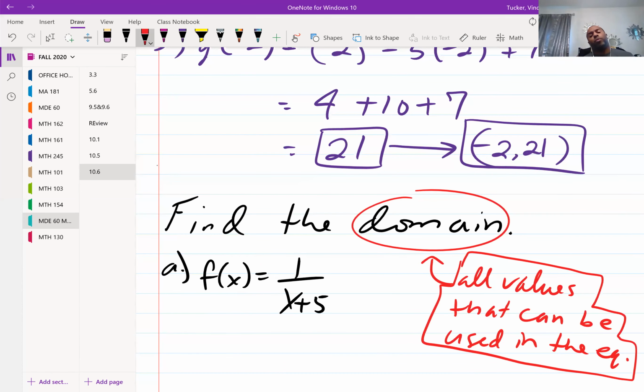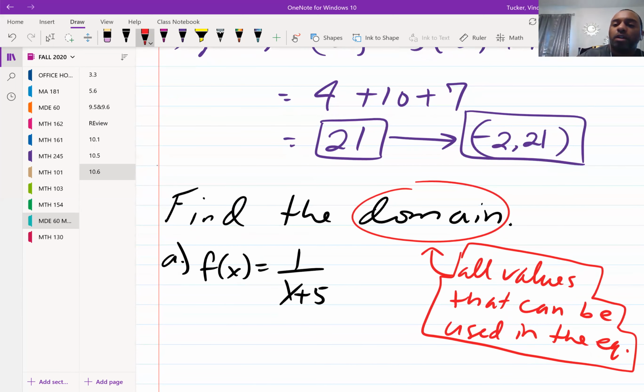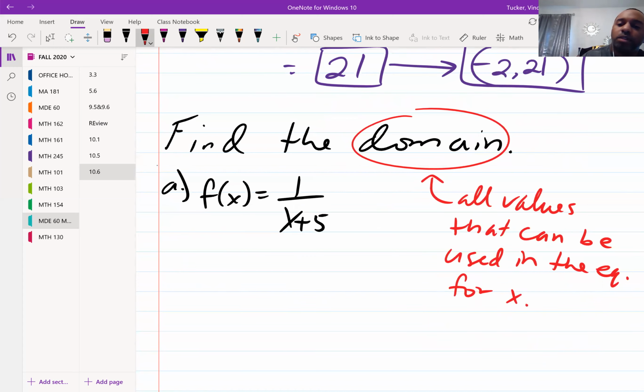All right, so when they want us to find the domain, we want to know all of the values that can be used in the equation for x.